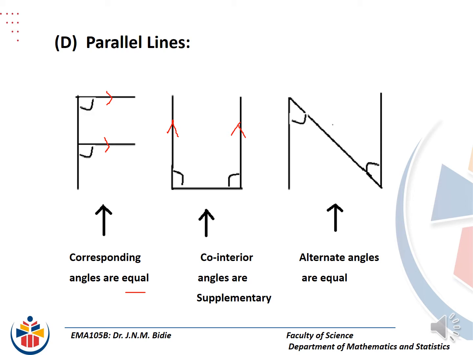Then lastly, if those two lines are parallel, please recall that parallel lines never intersect, and you have a diagonal passing through both those two lines, then it means that you have N or Z, depending on which way you look at it, and those angles are called alternate angles and they are equal.